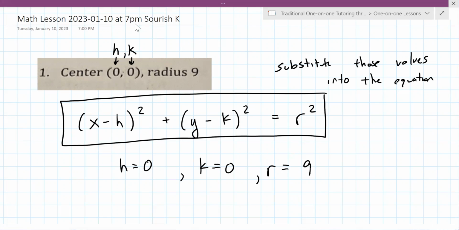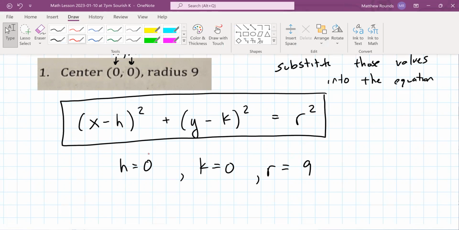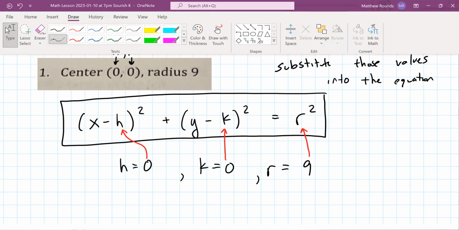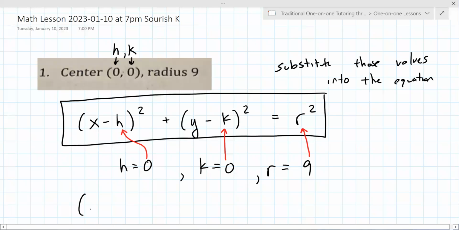So we're going to take each of those values and put them into the equation for the corresponding letter. Follow along here. It's x minus 0 squared, because h is 0, plus y minus 0 squared, because k is 0, equals 9 squared.